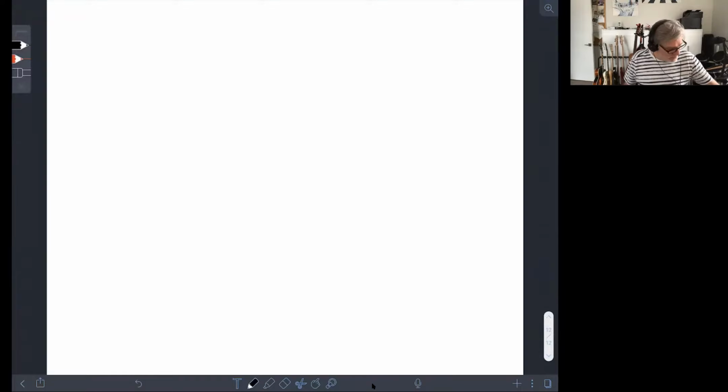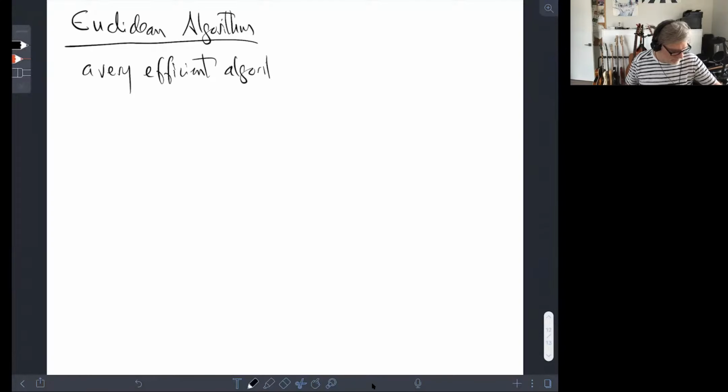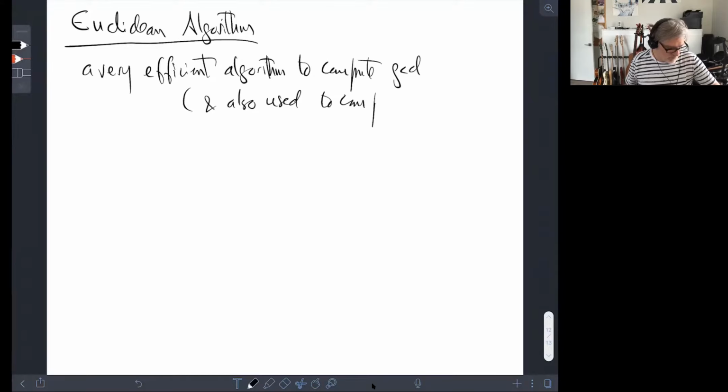Okay, so I'm going to show you the Euclidean algorithm, and please keep in mind that it's good for computing the GCD, but it's good for tons of other stuff. It's a very efficient, very fast algorithm to compute the GCD and also used to compute many other things.